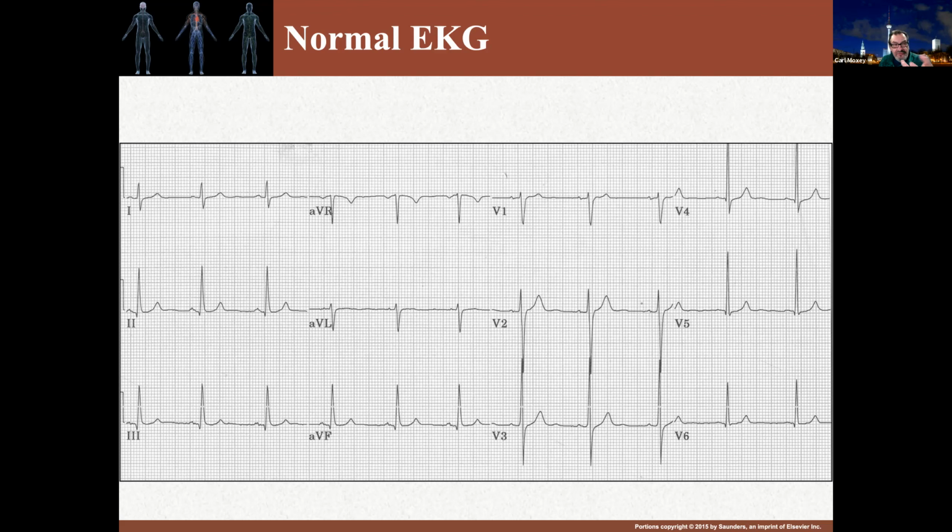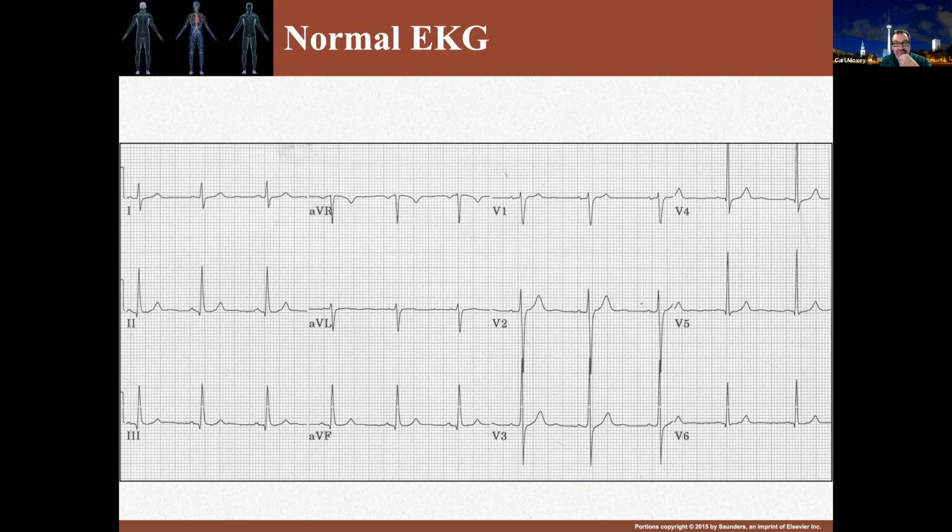And the sinoatrial node is responsible for generating the impulse in a normal heart, and therefore we call it the pacemaker. And we know that it's found in the right atrium of the heart. It will have an autorhythmicity in the order of 60 to 100 beats per minute in a normal heart.